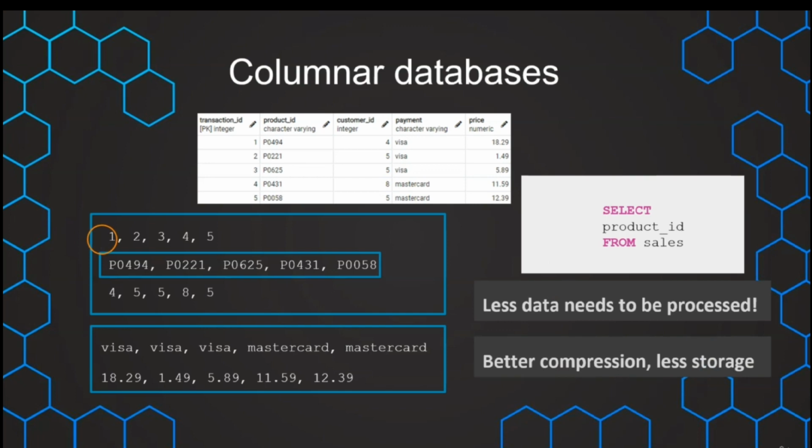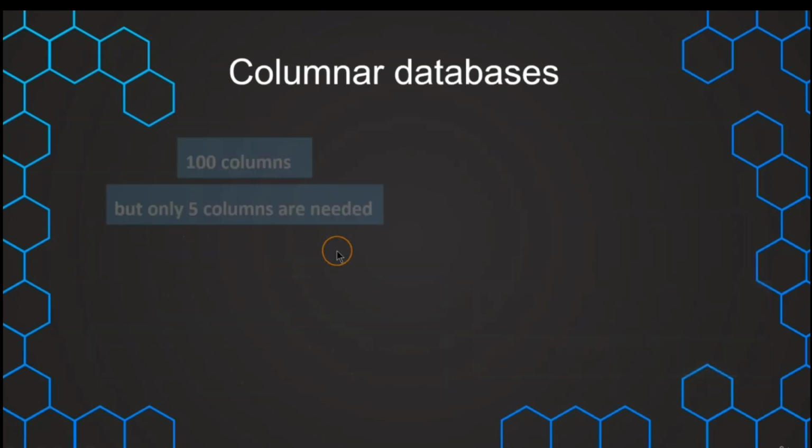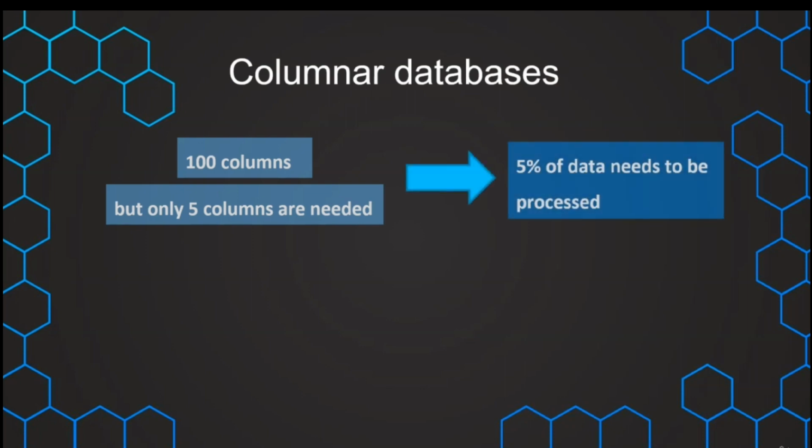And this means now in practice that if we have, for example, a table with, let's say, 100 columns, but we only want to query 5 of them, so this is, of course, much more common if we want to analyze the data to see in one moment only a few columns, then we don't need to process all of those 100 columns, but only 5% of them.